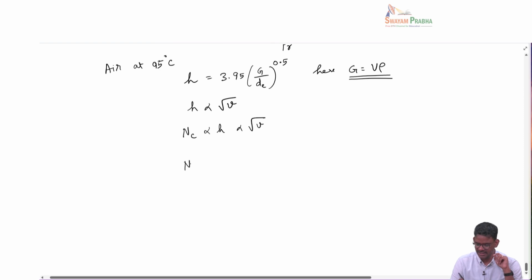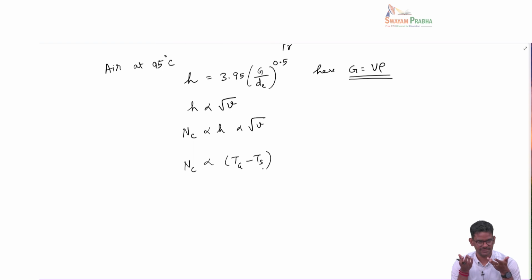Similarly, let's say you are not changing the flow velocity, you are changing only the temperature. We know that NC is proportional to Tg minus Ts, the difference between the two. If I increase Tg by 10 degrees or 20 degrees, NC is going to change proportionally.